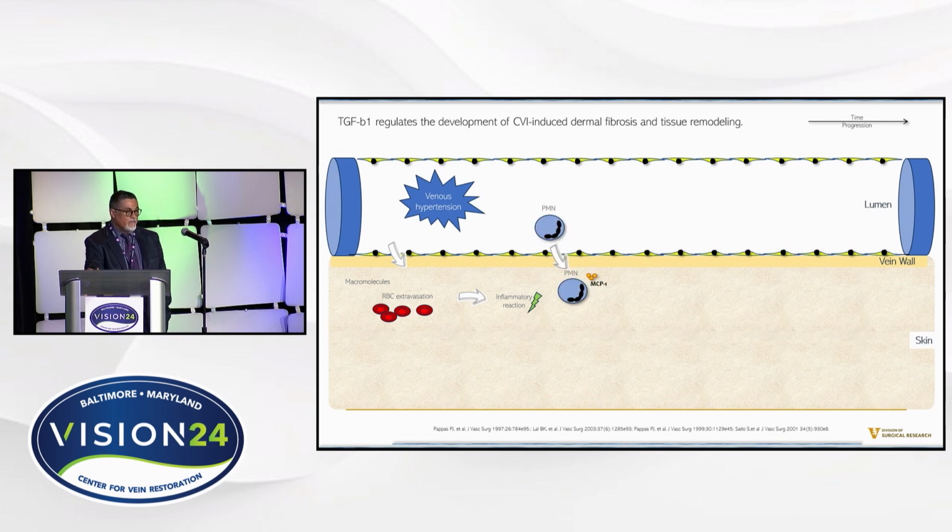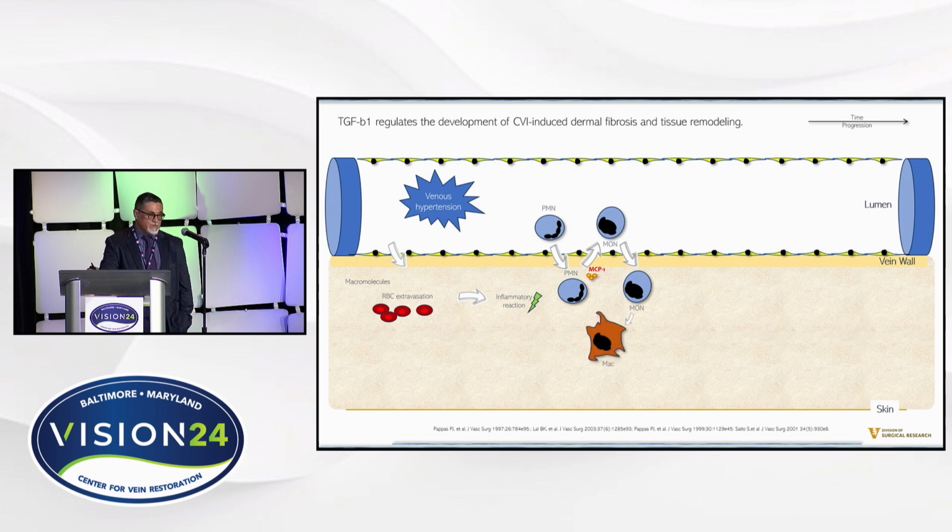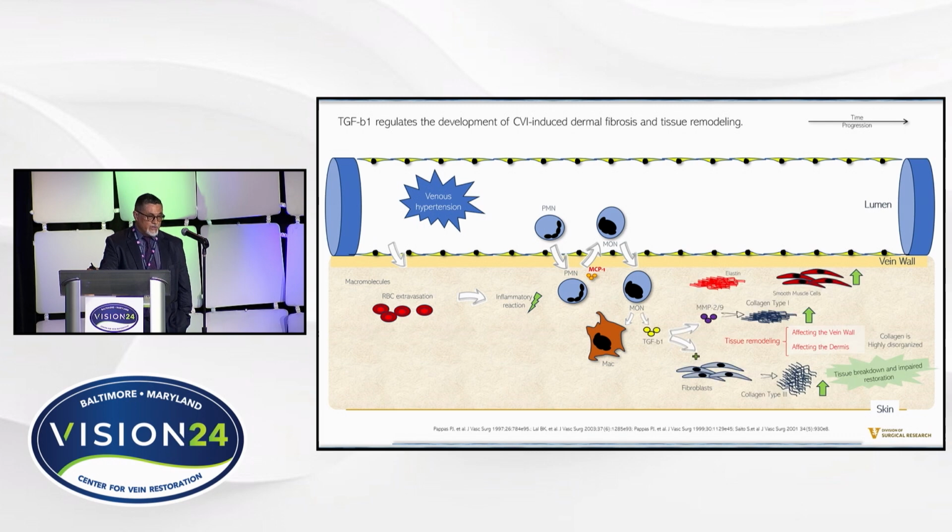This leads to chronic inflammation, which will set monocytes in this new environment. Monocytes outside the circulation become macrophages, but they also produce TGF-beta. This particular molecule leads to what we call CVI-induced dermal fibrosis and tissue remodeling.